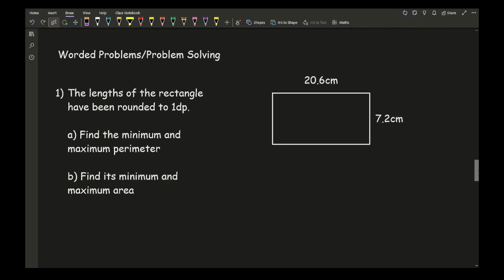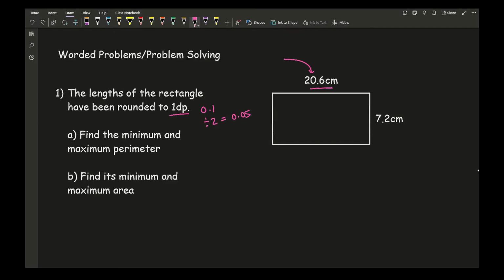So in the first question it says the lengths of the rectangle have been rounded to 1 decimal place. And question A says find the minimum maximum perimeter, and B says find the minimum maximum area. So first things first, what we need to do is work out the two lengths that each of the lengths could be. Because it's been rounded to 1 decimal place, divide that by 2 and we get 0.05.